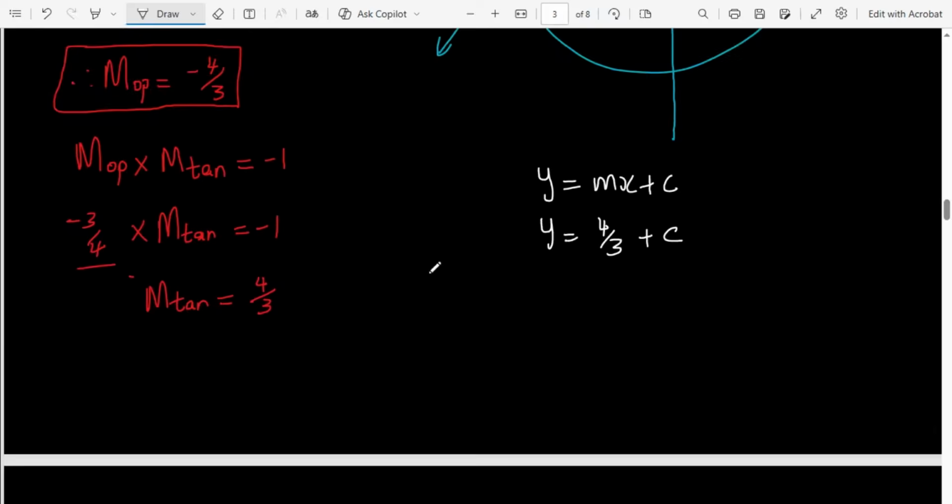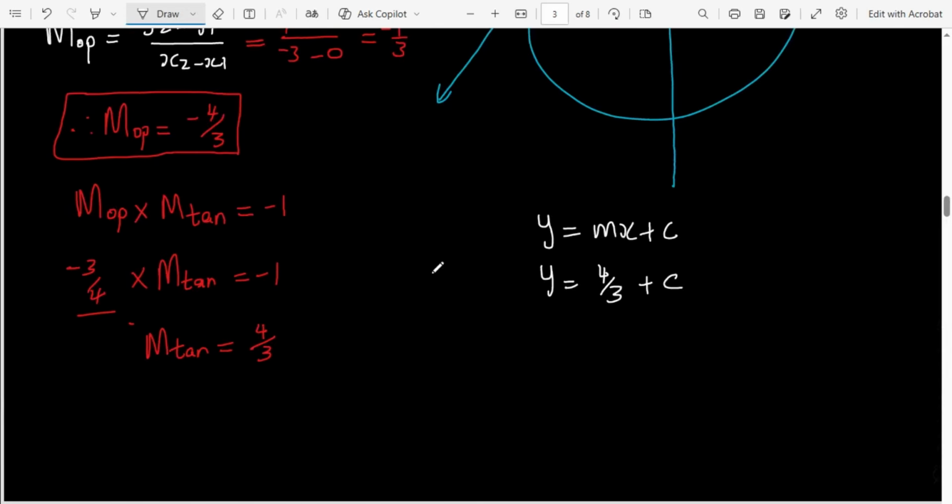So we need to substitute that and see what will be the equation of the tangent. We substitute minus 3 and 4, which makes this my x and this my y. So when I put y, this will be 4. It's equal to 4 over 3 into minus 3 plus c. The 3 and the 3 cancel, we are left with, what is this? Is this 4 over 3?